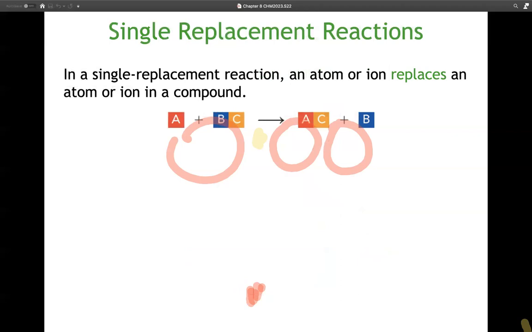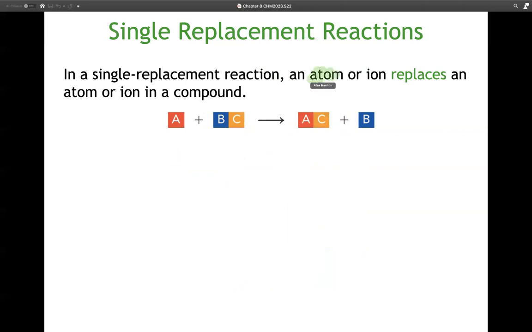Okay, another type is what we refer to as a single displacement reaction, where only a single atom or ion replaces an atom or an ion in a given compound. So notice in this case, A is an atom on its own.